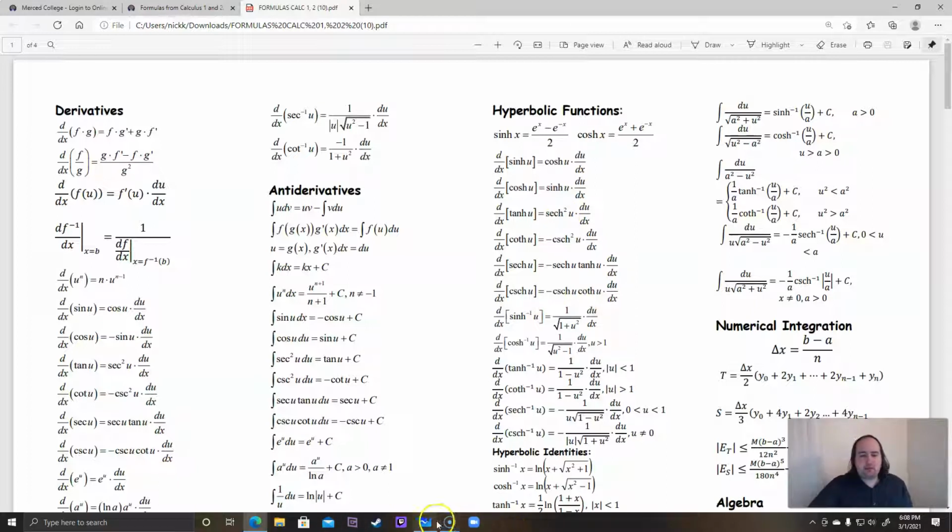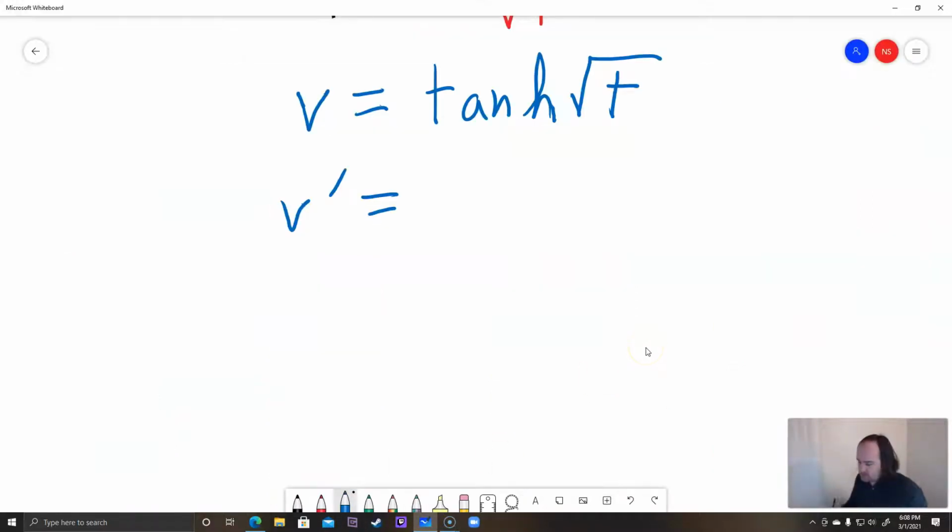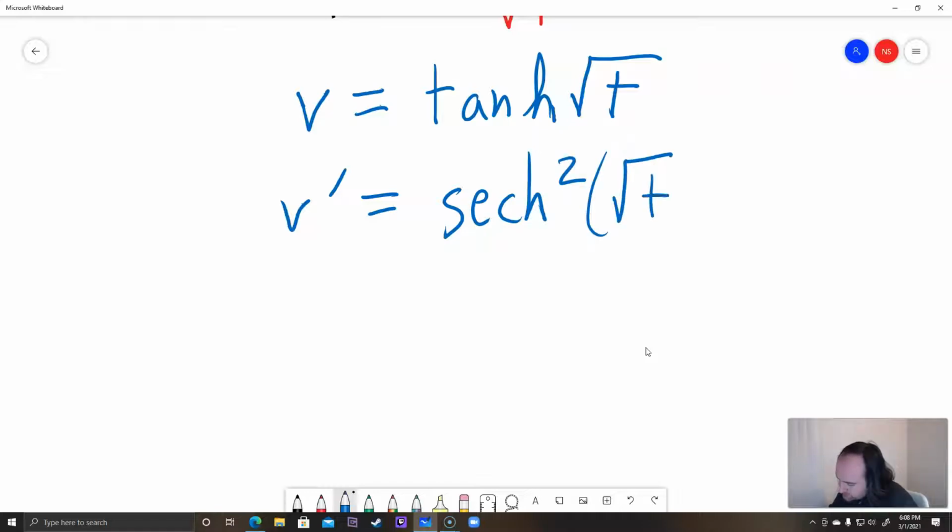So hopefully there's no surprises with that one. Taking the derivative of the outer function, inner left alone, we're going to have sech squared of the square root of t. So notice I just left the root t alone. But now we have to multiply this times the derivative of the inner function. So we're going to have to multiply this times the derivative of the square root of t.